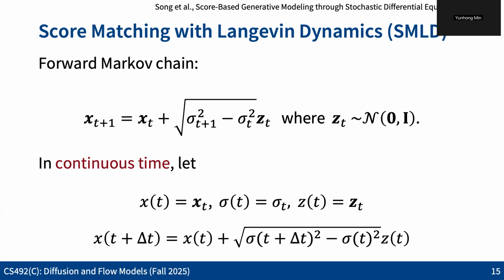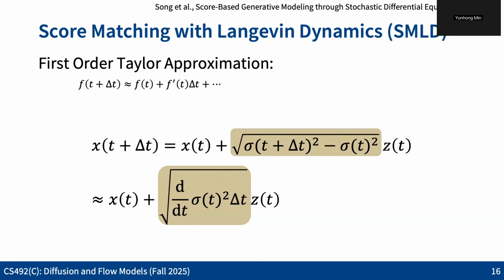That is the case where we find the corresponding continuous formulation like this. When you have an infinite number of time steps, the continuous formulation will look like this, right? So this is very straightforward. And from this, based on the Taylor series first order approximation, we can see that this can be approximated into this form.